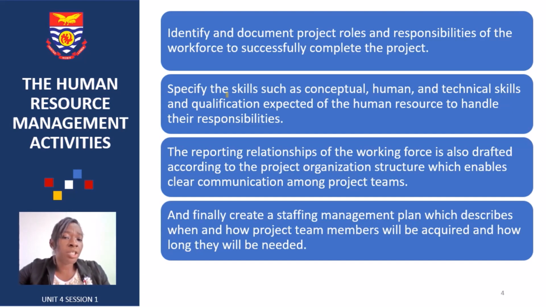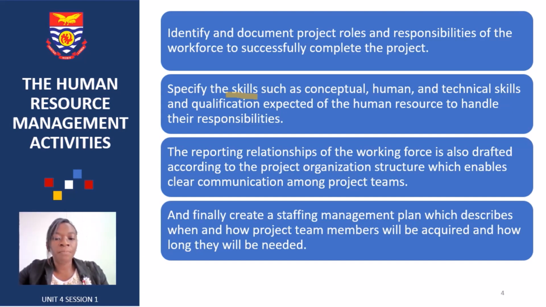Like I also made mention earlier, we need to define the various skills which we are going to need. Are we going to need conceptual skills, human skills, technical skills, or special qualifications for those various positions? And obviously when people come in, there should be a formal reporting channel. So who reports to whom, who is under whom. We need to draft those to also help in achievement of the work.